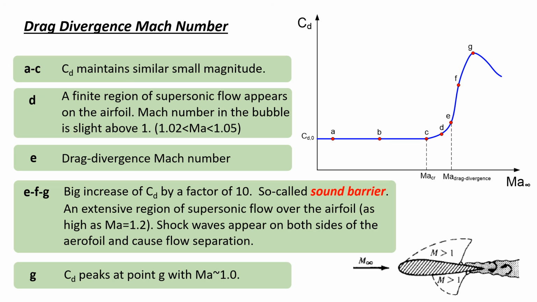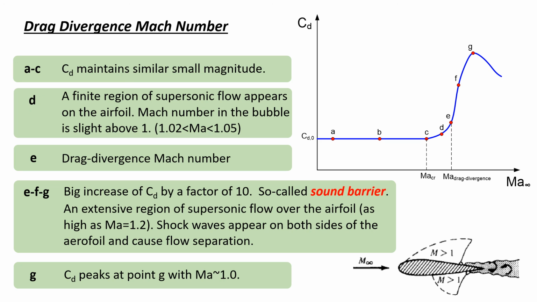Now we get a bigger picture, a full explanation of this curve. Although some of the flow features are not clearly presented here, we just use a sketch, for example, to show you the point at the drag divergence Mach number.